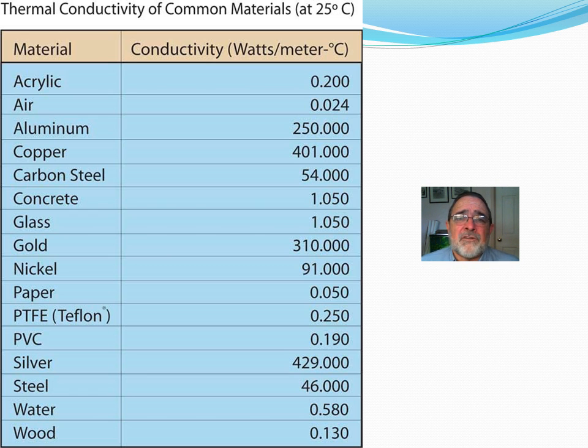Copper has a conductivity of 401 watts per meter. So that's a very high conductivity, as does gold or silver, even higher at 429. So they're good conductors. Wood is, of course, a very poor conductor at the bottom of the list at 0.13. So you need to know a little bit about conductivity of materials that you're looking at.